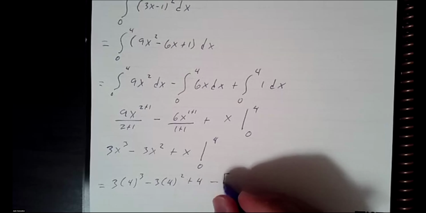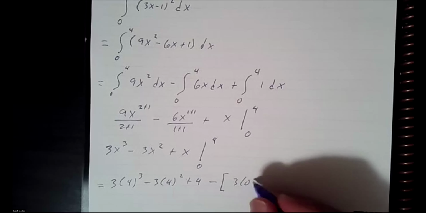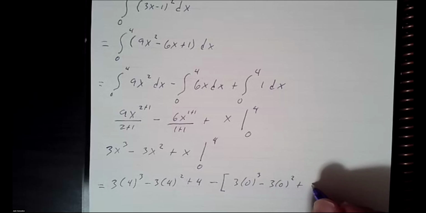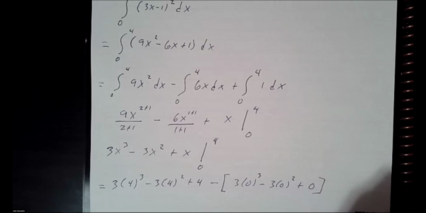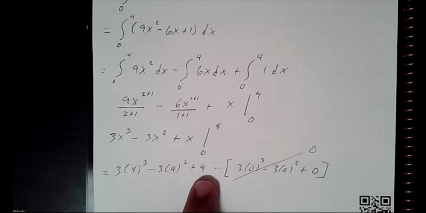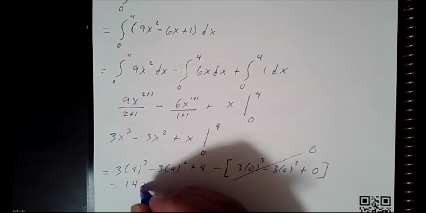Minus the entire thing, so put some parentheses or brackets, everything at 0. And this example is not going to matter because they will all go to 0. So this is just 0. Who cares? Add all this up, and you're going to get 148.